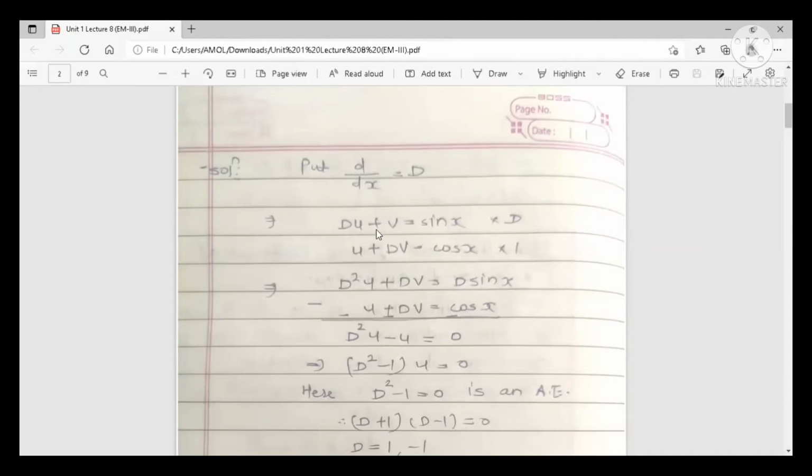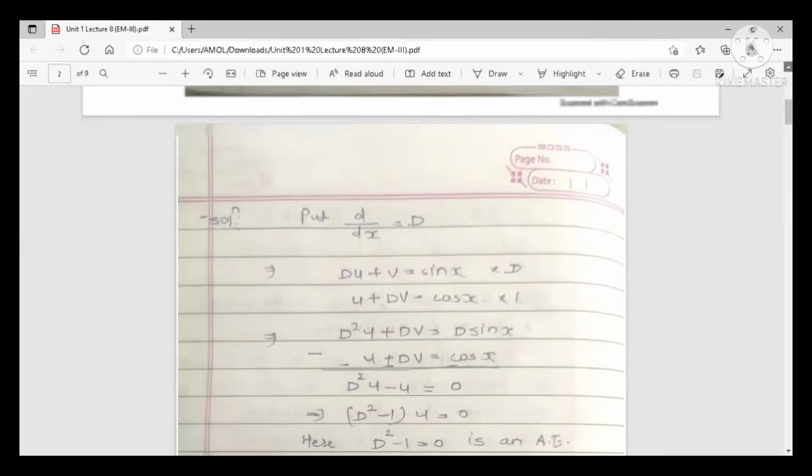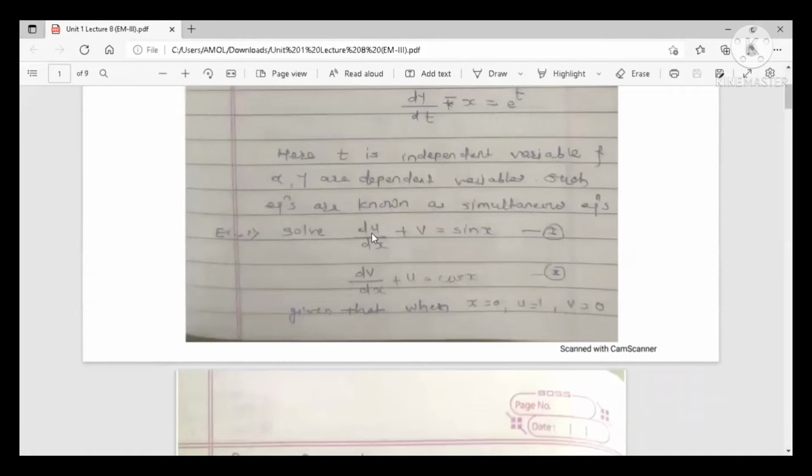Now you remove either variable. Here in these simultaneous differential equations, u and v are dependent variables. They depend on the variable x. x is independent. That's why in the RHS there is a function of x for both equations, sin x and cos x.